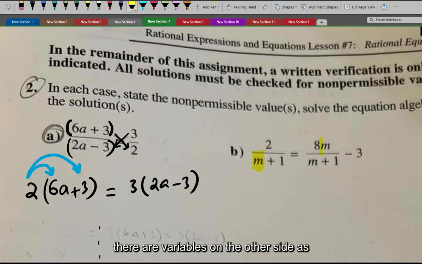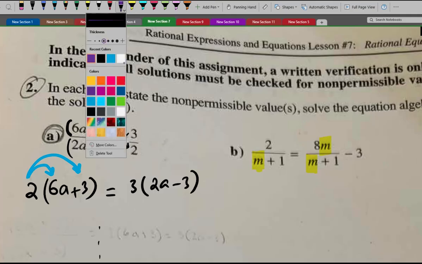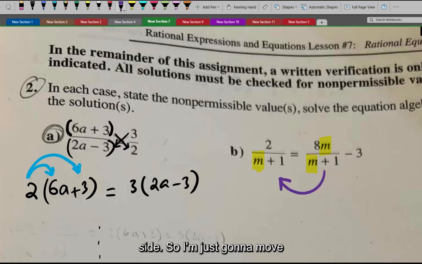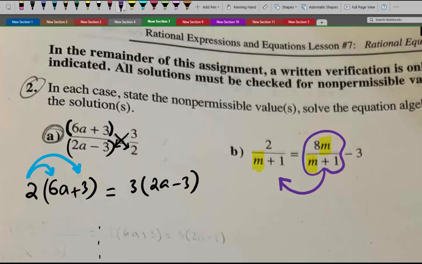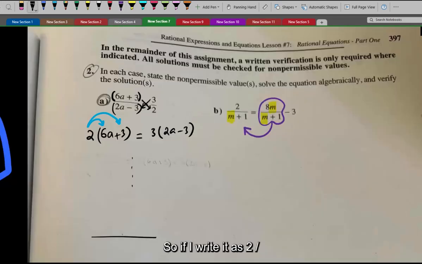But there are variables on the other side as well. So we just need to move all the terms involving variables to one side. So I'm just gonna move this term, because it involves a variable, to the other side so that I can simplify them. So if I write it as 2 over m plus 1 and equality sign.